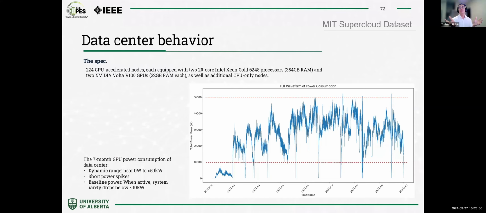So the model will behave quite similar to one GPU. We still face this sub-second transient, somehow unplanned behavior of the whole data center. So maybe from the utility side, they worry more about big companies, big data centers, and if they train an AI model, how it will impact the local grid.